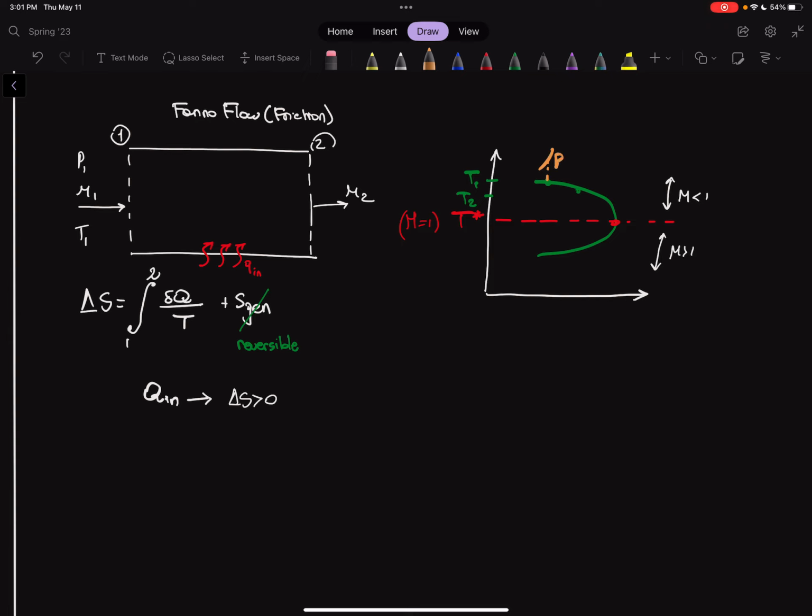So TT is increasing, and it goes up to somewhere here. So here you have PT star and TT star.